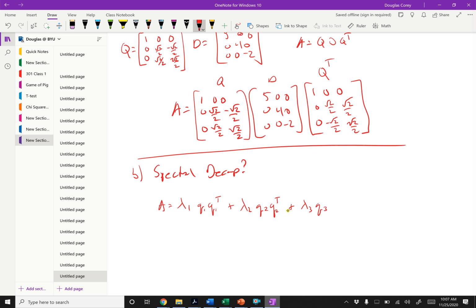Well, really each of the eigenvectors, you might have the same eigenvalue twice. And you might have to do Gram-Schmidt to make sure they're orthogonal if you have algebraic multiplicities greater than 1.